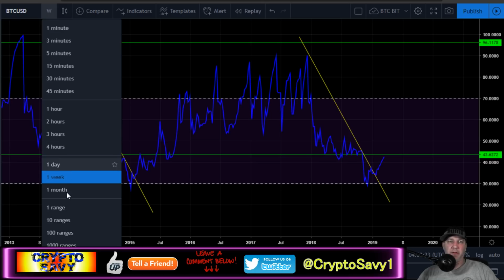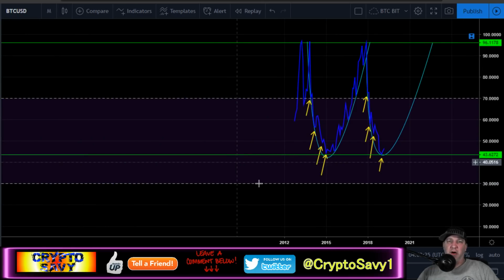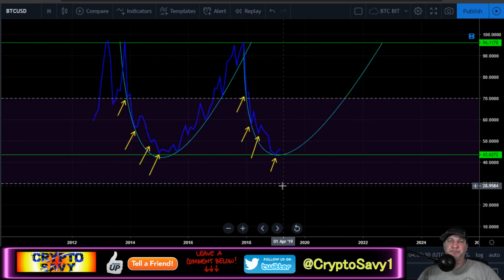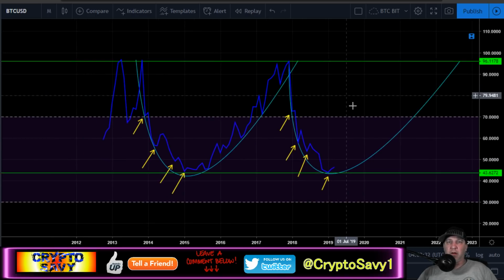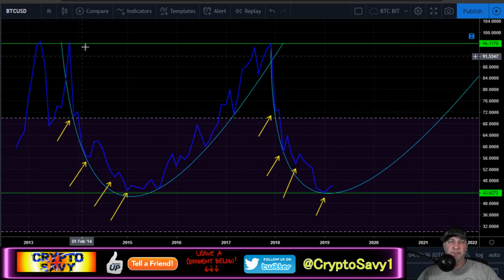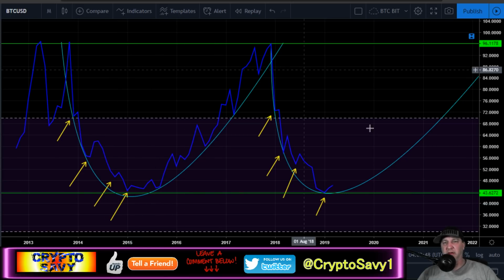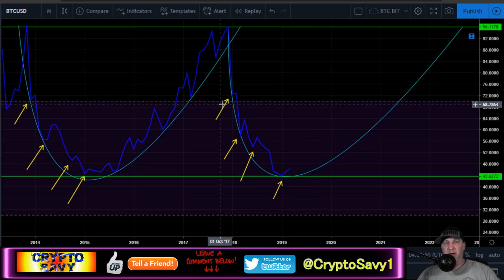And let's go into the monthly and look at the two arcs I have drawn here. As you can see, I have the 13 bull market here, 17 bull market here. And each time the RSI hit a low, I put an arrow there. So there were 4 lows here before the sideways action and then the continuation up.